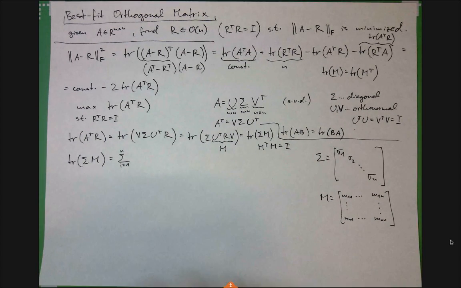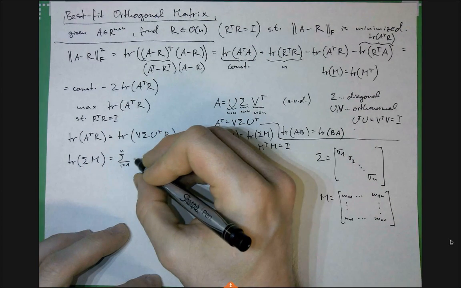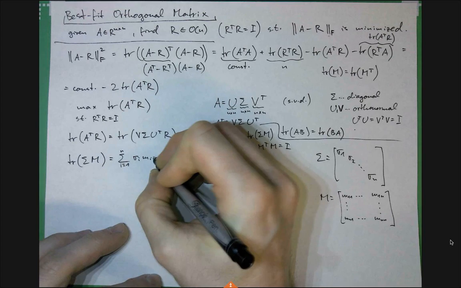So what is the trace if I want to write it as a sum of the elements of the matrix sigma M? What would be the trace just of M? Of course, sum of Mii, right? And if there is the sigma, how does that change? Sigma i. Yes, exactly. So this is just the sum of sigma i Mii.